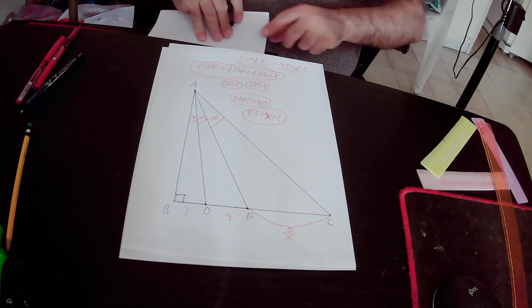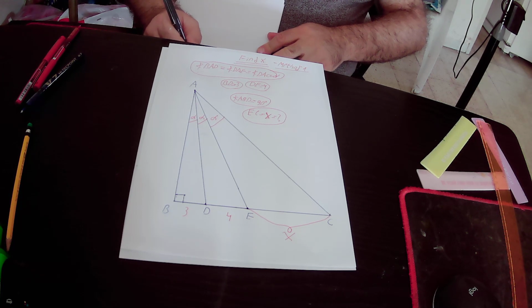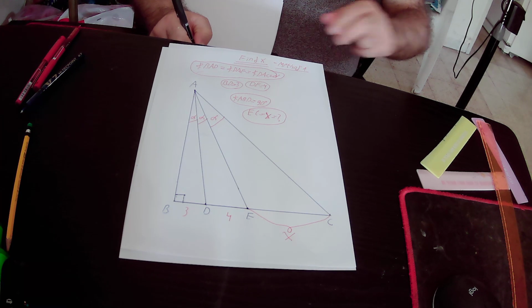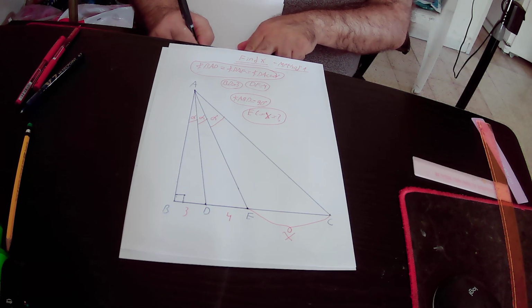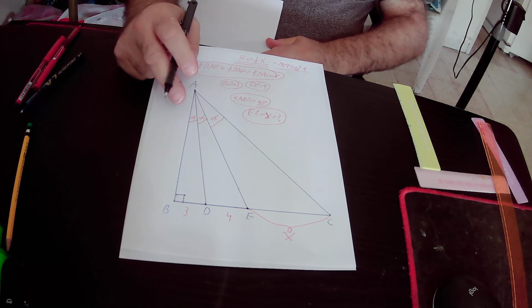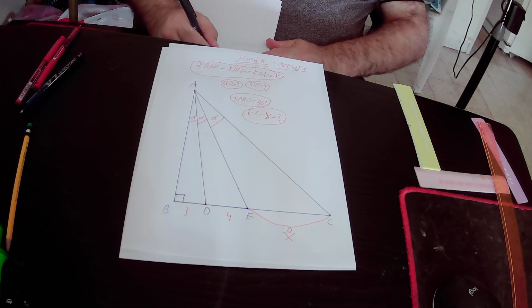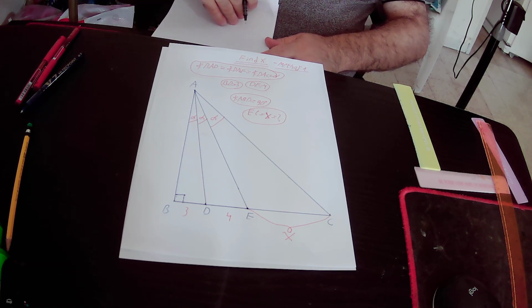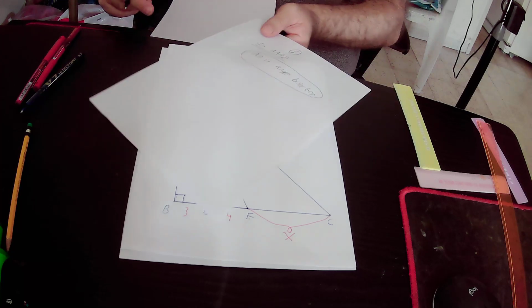In the right triangle ABE, AD is an angle bisector.